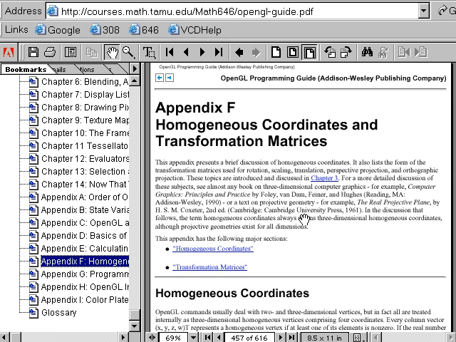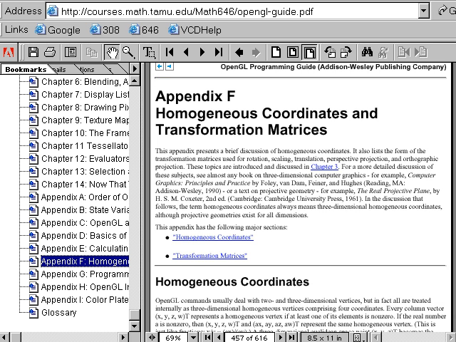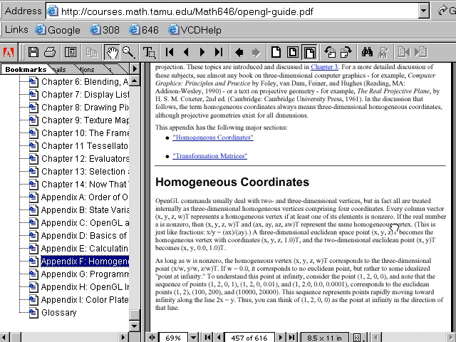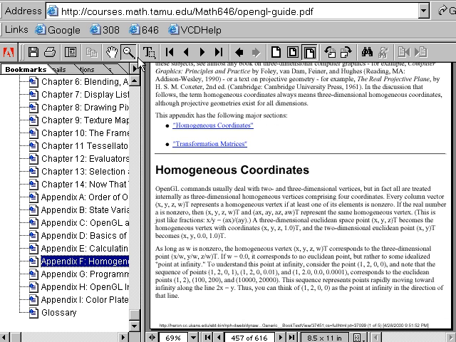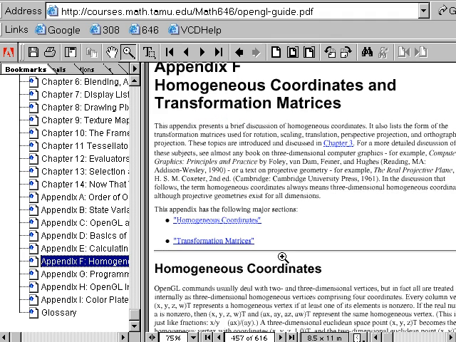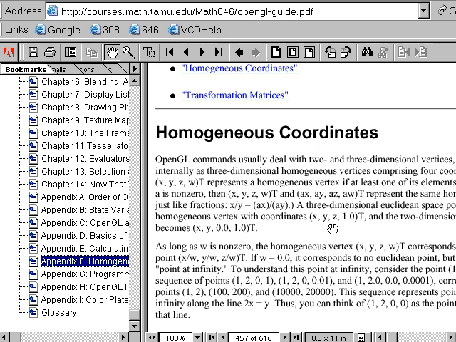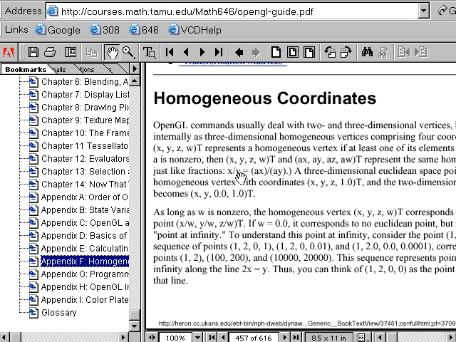Okay, so homogeneous coordinates, I don't know if you can read this, but let me bump it up a little bit. Okay, so homogeneous coordinates are where you take x, y, z, and w, and you divide essentially by w.